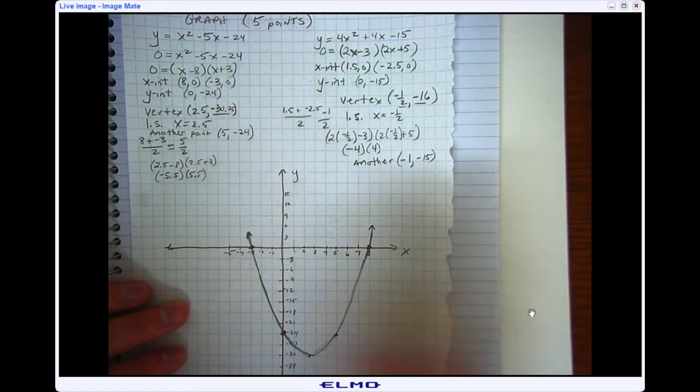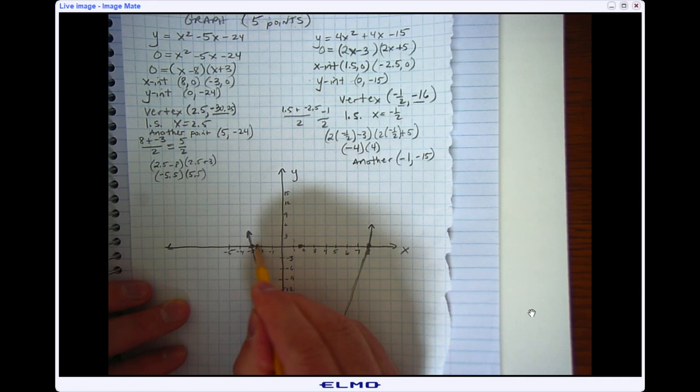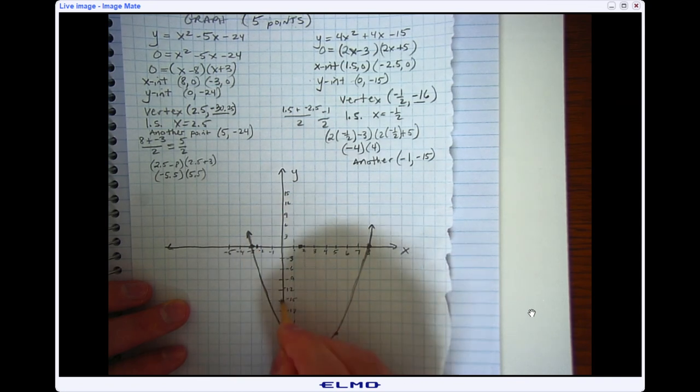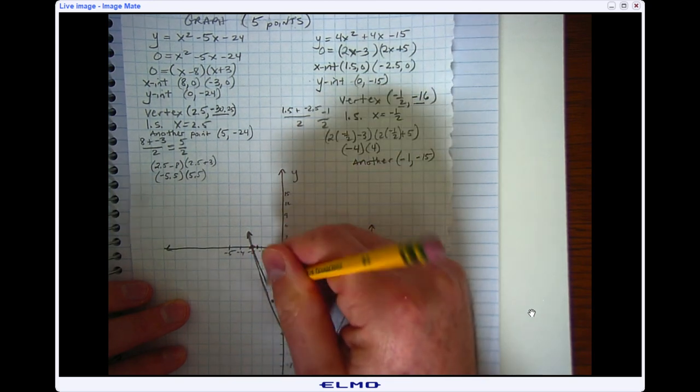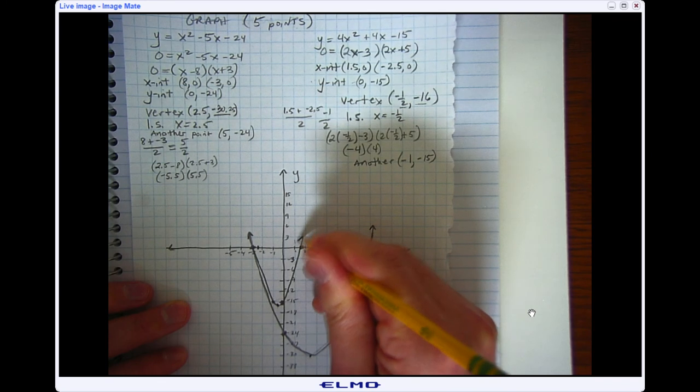I graph 1.5, 0; negative 2.5, 0; 0, negative 15; negative half, negative 16. If I reflect that, negative 1, negative 15, you can see how it exactly cuts in half here. When I connect these 5 points, you can easily see a very accurate parabola.